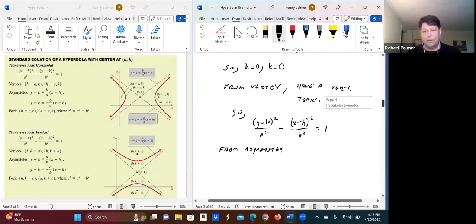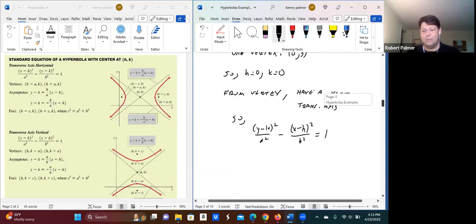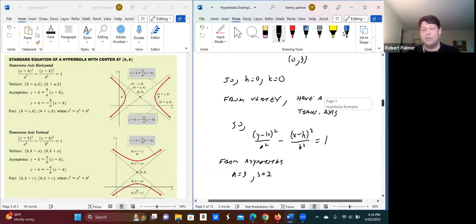what we know from our asymptotes is that since we have this case, and we don't have a k or h, the asymptotes have a over b. Notice here it's b over a, but in this case, a over b. Knowing that, our a is going to be 3 and our b is 2. Actually, we also knew that from our one vertex.